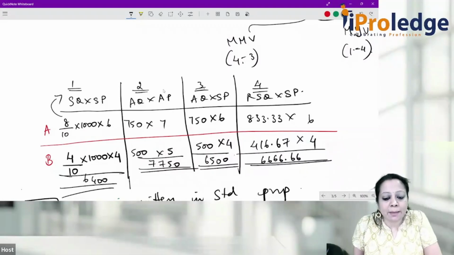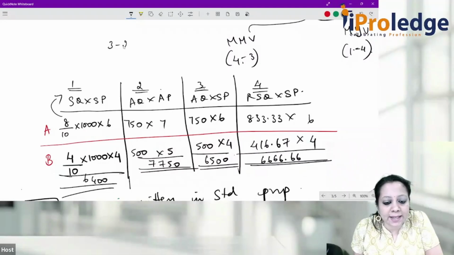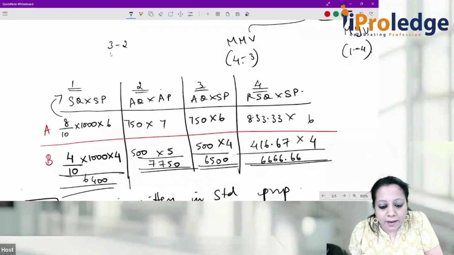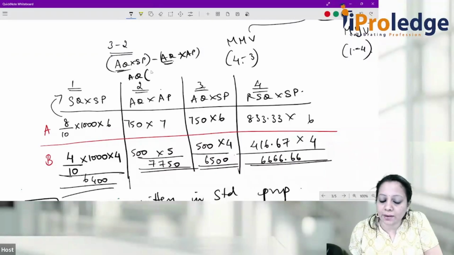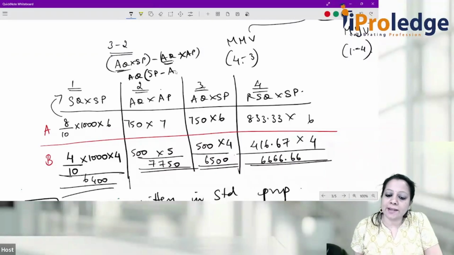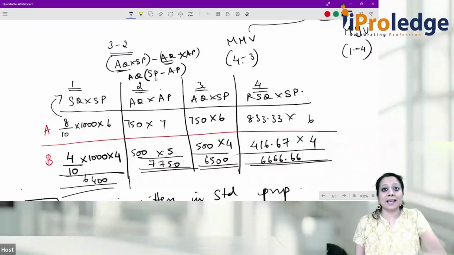What is price variance? 3 minus 2. All of you please see. 3 minus 2 means, can I write it as AQ into SP minus AQ into AP? What is common here? AQ is common. AQ, if I take it outside, what remains inside? SP minus AP. Now AQ is the same.